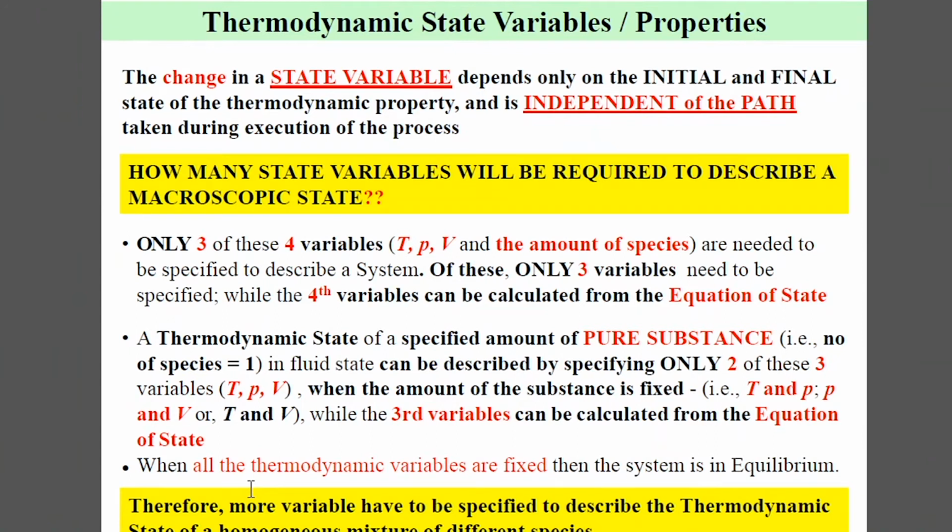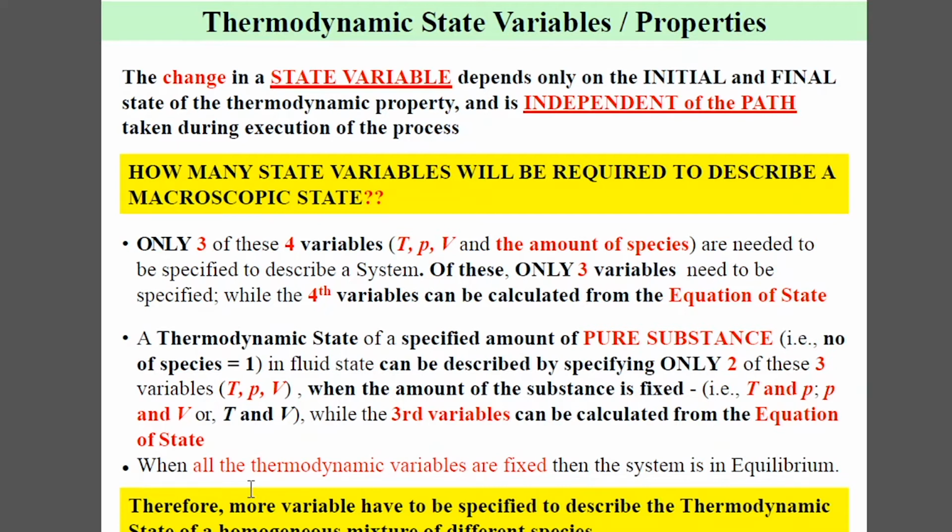The change in state depends only on the final and initial state of the thermodynamic property. It's independent of the path through which it's executed. A system is going from one state to another, maybe in a cyclic process, or maybe going straight towards the second point.